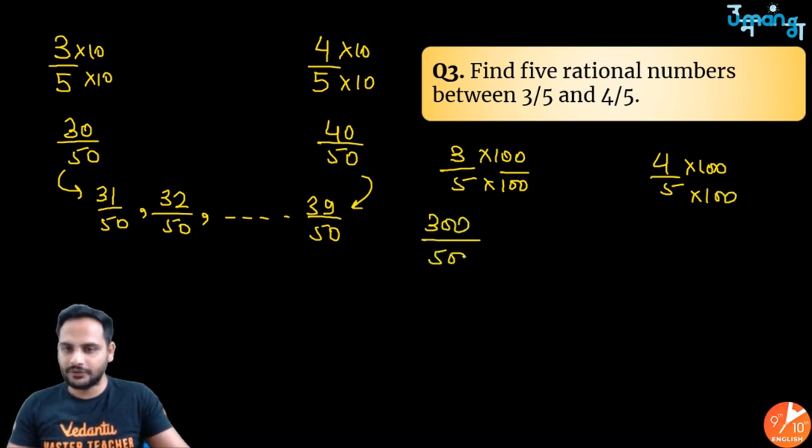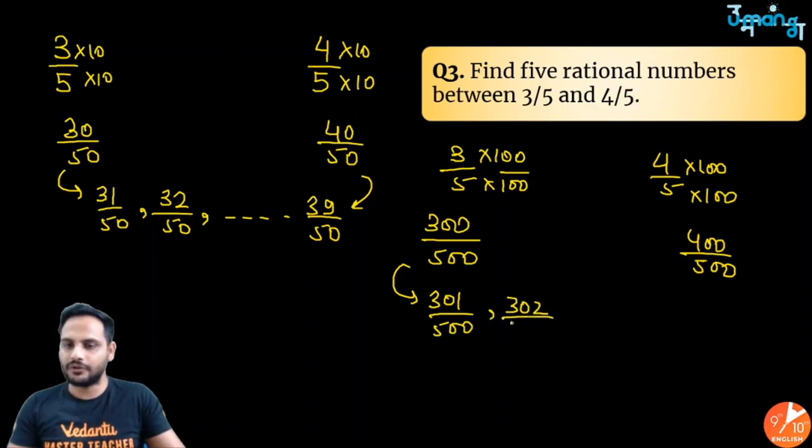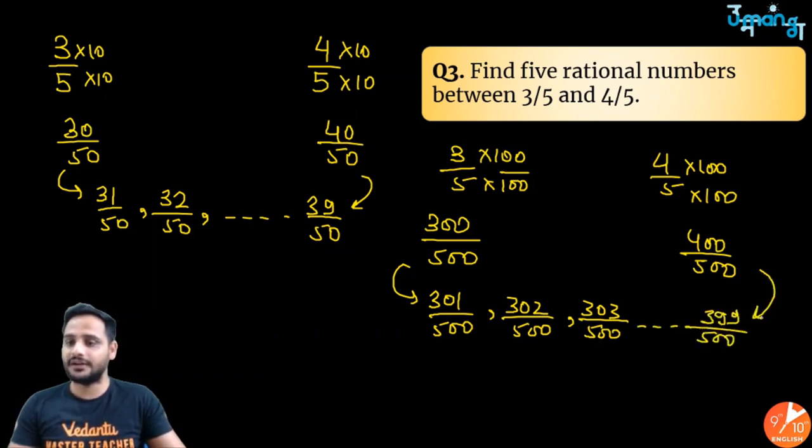So 300 upon 500, 400 upon 500. So now 301 upon 500, 302 upon 500, 303 upon 500, up to 399 upon 500. So now there are 99 numbers in between them.